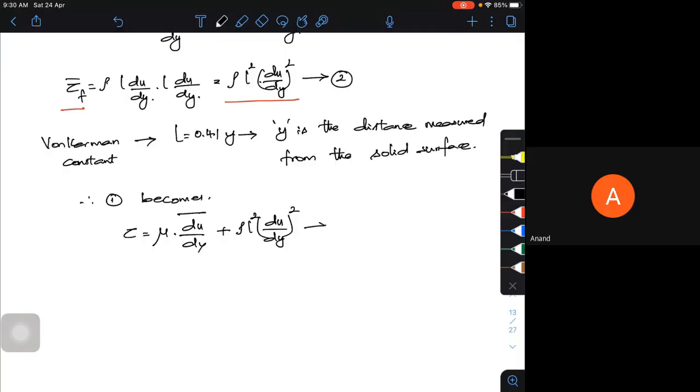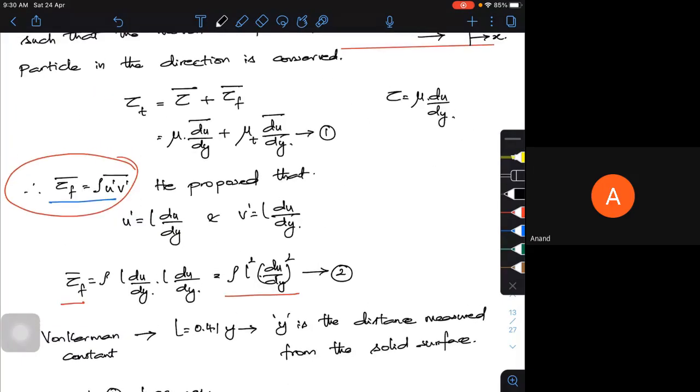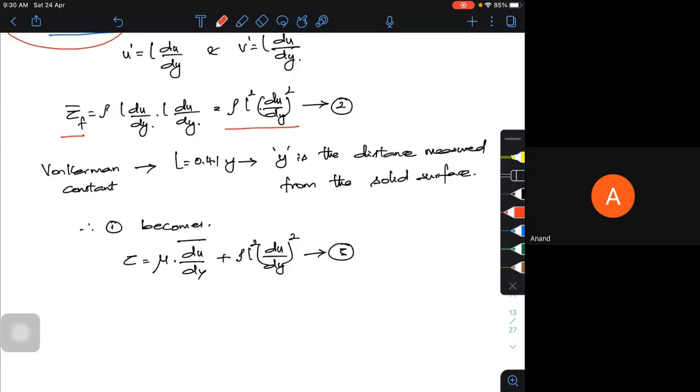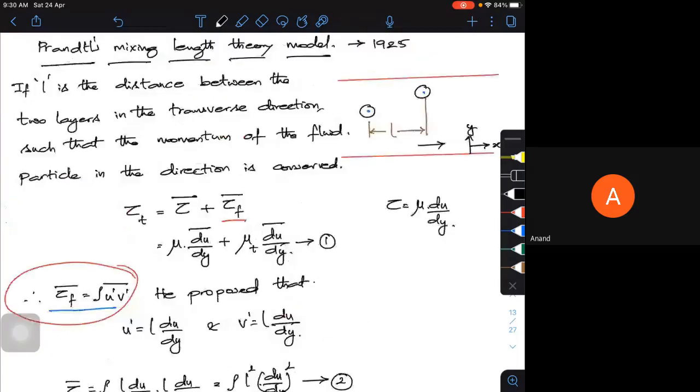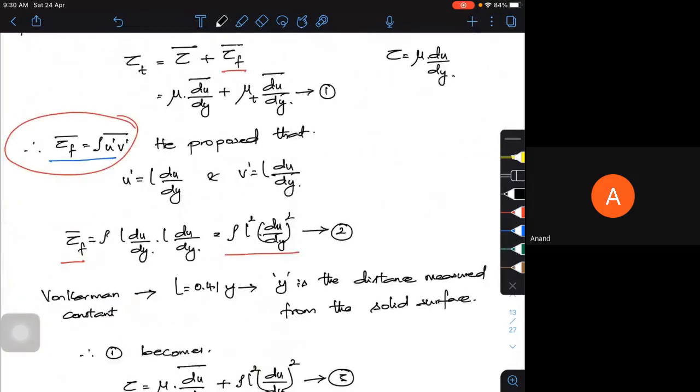Let me call this equation number 3. You have a fluctuating component over here. I am trying to represent this fluctuating component in some other form so that I will end up with an approximate solution. All these modifications were done by Prandtl and supported by von Karman.